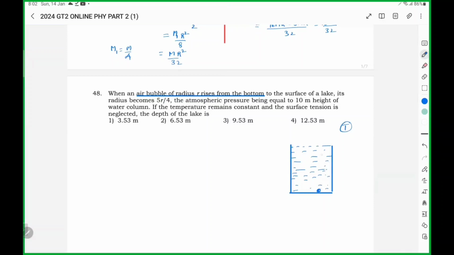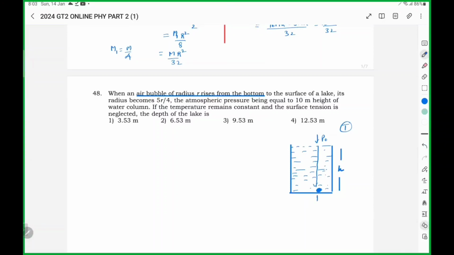Pressure acts on this part; at the surface it is atmospheric pressure. Let us say the level of the water is at a height H.